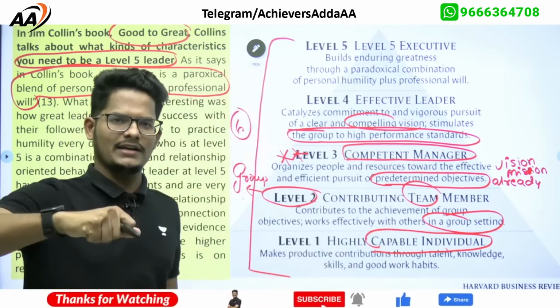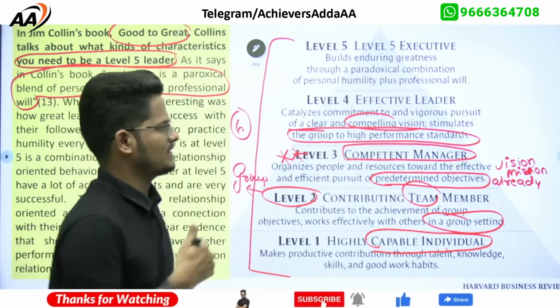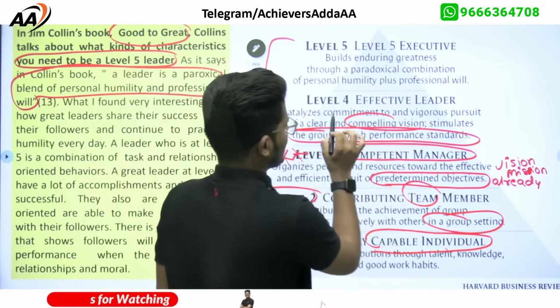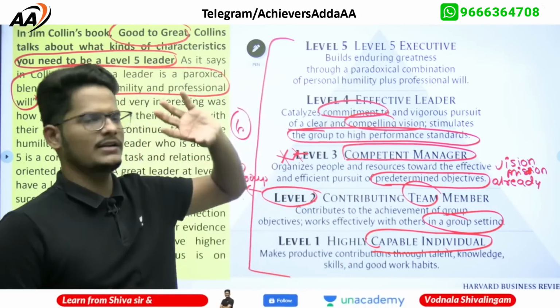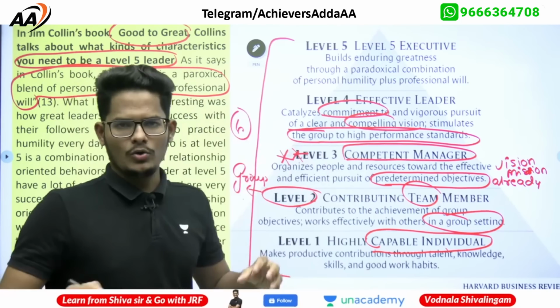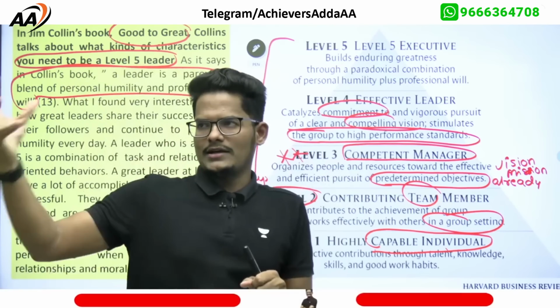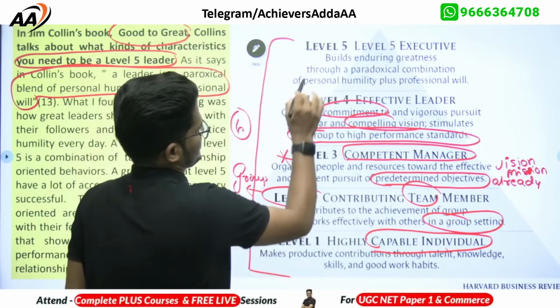Maximum performance will be taken from the followers, and he will also put in his best to fulfill the commitment assigned to him. This is the effective leader. He will try everything to the maximum extent. No one needs to tell him; he himself will take the initiative to do anything.